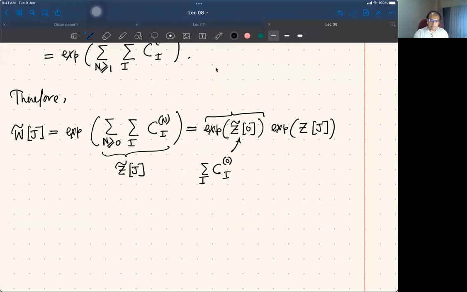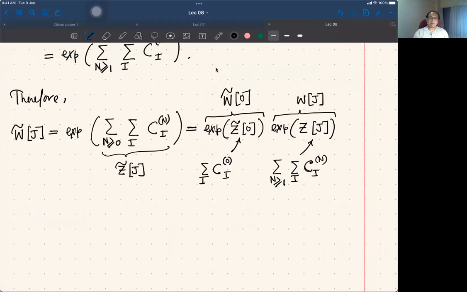If you take only the n equal to 0 term here, this is the sum over I of C_0^I, and that is z tilde 0. When that is exponentiated, you get W tilde 0, and this one is the sum over n greater than or equal to 1, sum over I of C_n^I, and that is your Wj. So Wj is exponential of Zj, and W tilde 0 is exponential of Z tilde 0.